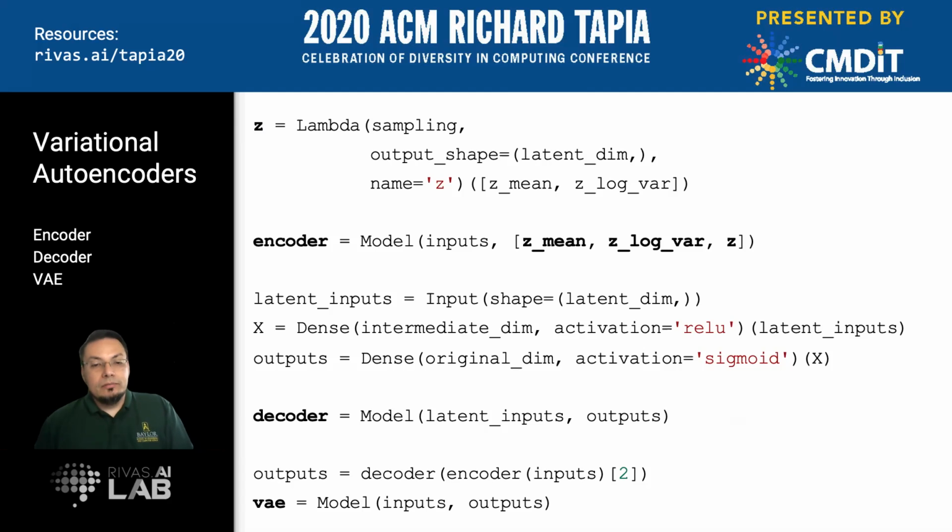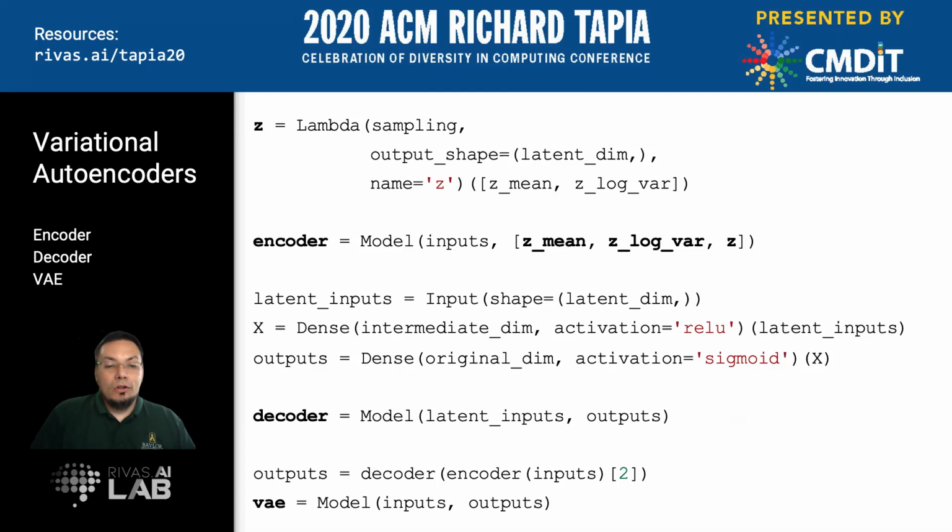And from there, we're going to produce the decoder, which also takes the latent space of 2 dimensions. We construct a dense layer followed by another one that goes from the intermediate dimension to the original dimension with a sigmoid activation. So we reconstruct back to the 0 to 1 range, and that is going to be the decoder.